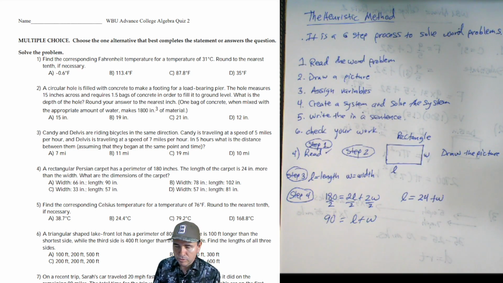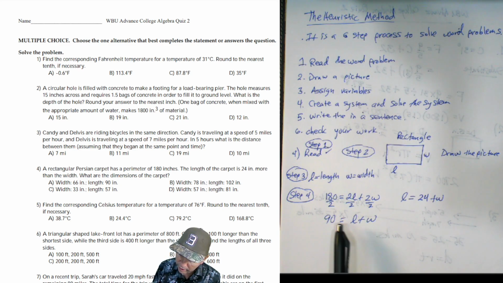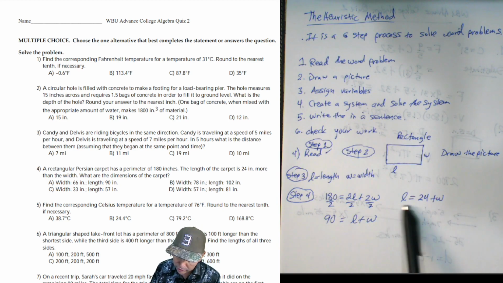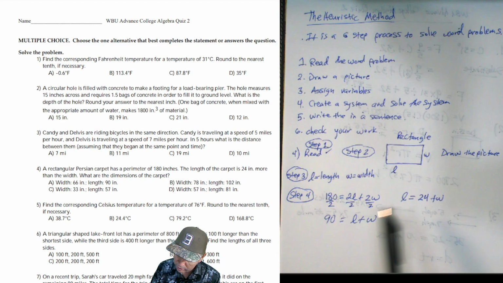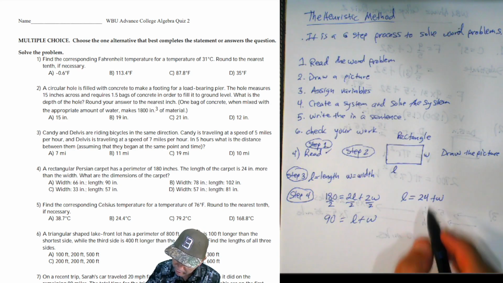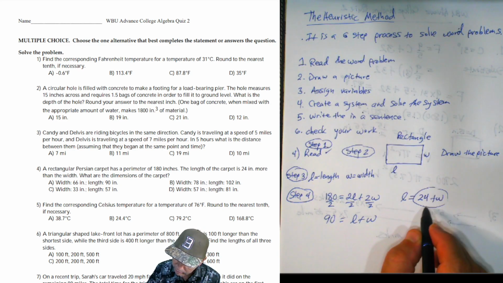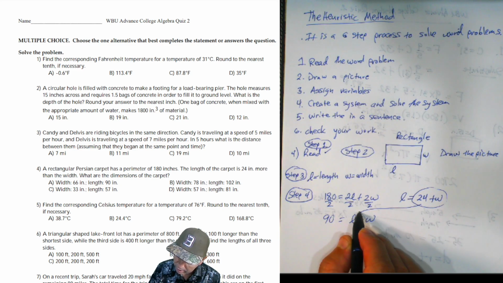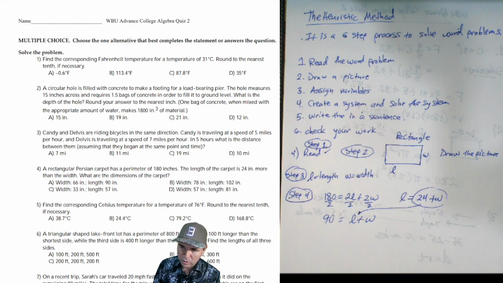All right, next we need to ask ourselves a question. How can we solve this with two letters? And the answer is you can't. You need another equation. These are called systems. So what we're going to do is take this and substitute it for that. And that's how you're going to get it to just one letter.